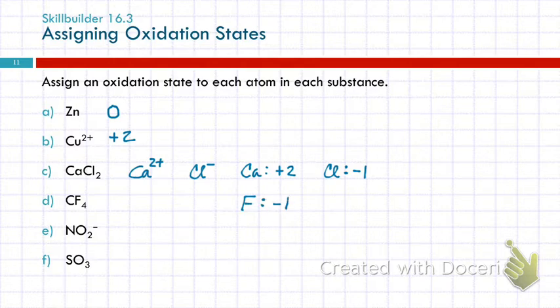It gets to be -1. The carbon has to pick up the slack, make up the difference. So this is a neutral compound. That tells me that all the oxidation states have to add up to 0. I have 4 fluorines, a total of -4 in oxidation states. I only have 1 carbon, so it's +4.